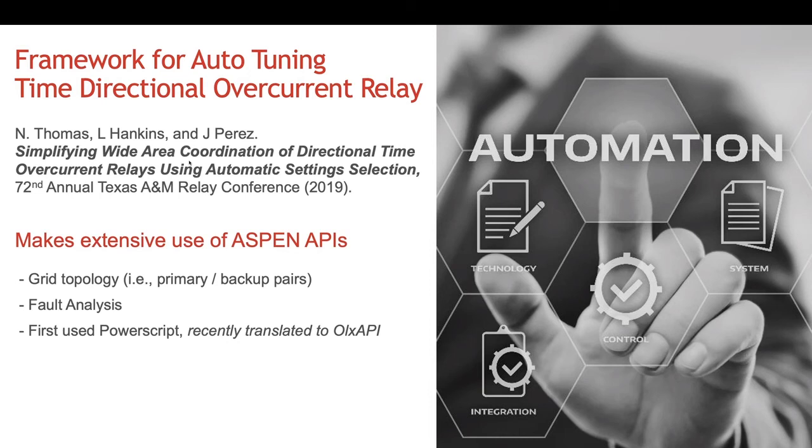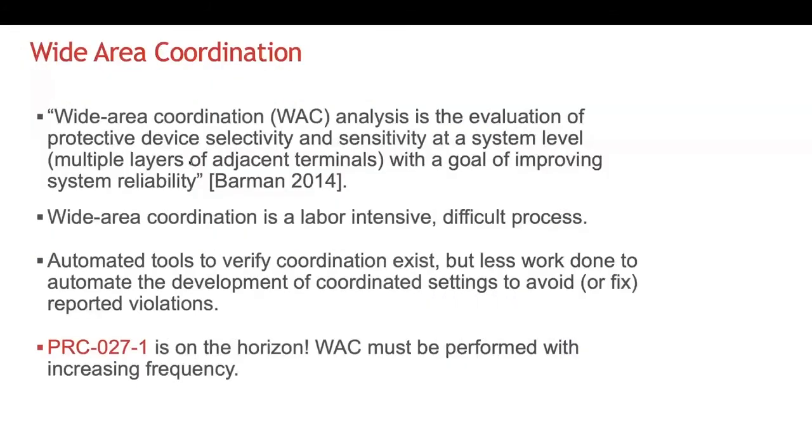Wide area coordination is the evaluation of protective device selectivity and sensitivity at a system level with the goal of improving reliability. It's a quote from Barman in 2014. We all know it's very labor intensive and difficult, and a lot of tools, ASPEN being the king of them, exist to verify coordination solutions, but less work has been done to automate the development of coordinated relay settings or to fix violations that are found piecewise.